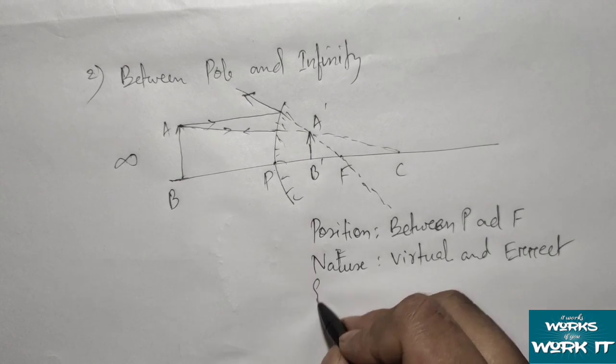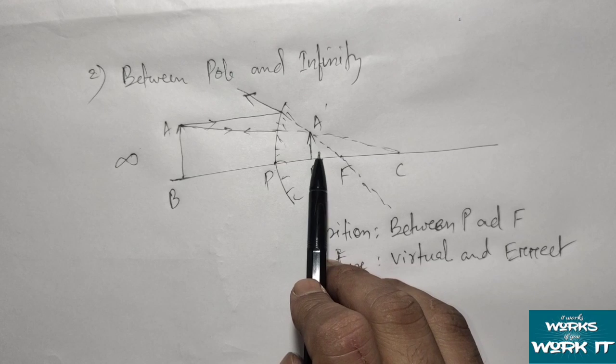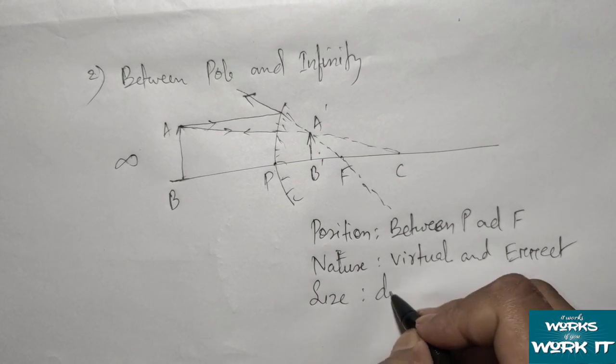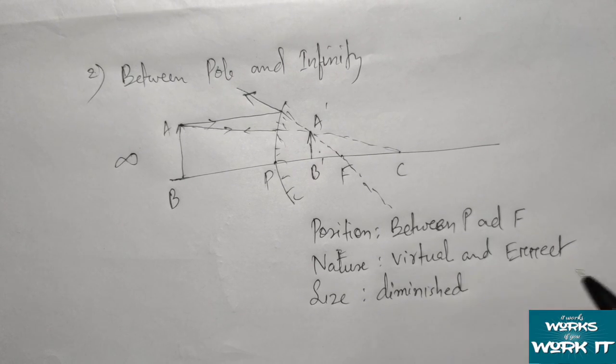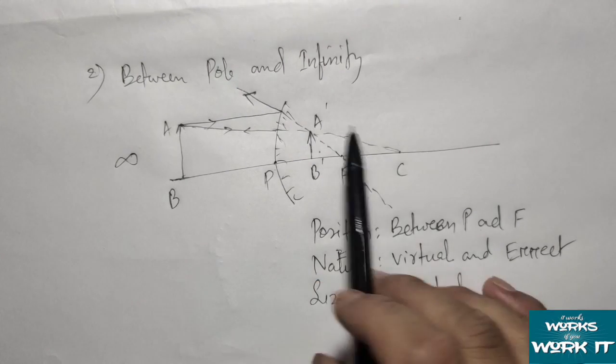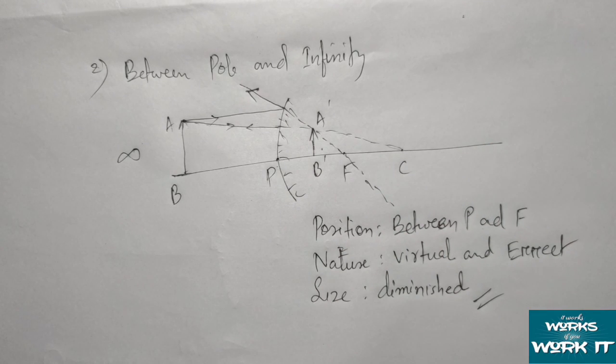Okay, so next one is the size. It is smaller than the object, so we can write diminished. It is not much smaller, but it is still smaller than the object, so we can write the word diminished. Okay, so these are the two places where the object is placed, and we are getting the image formation. Okay, so I hope you have understood this one.